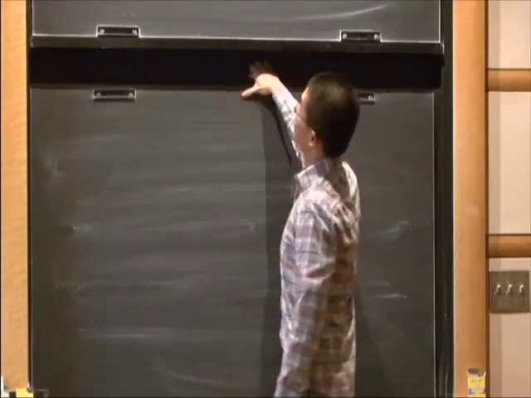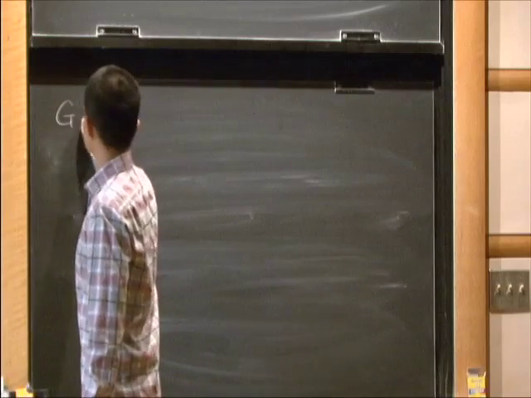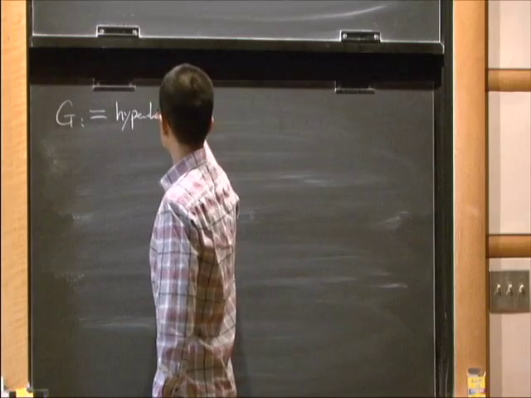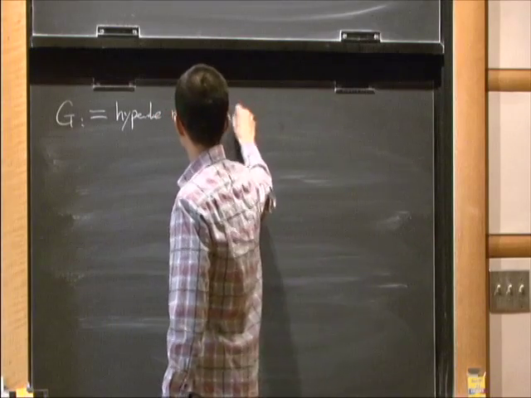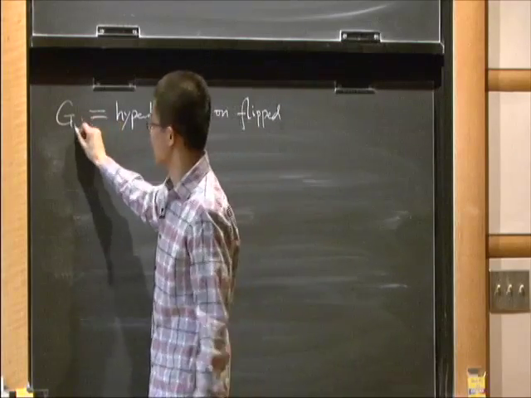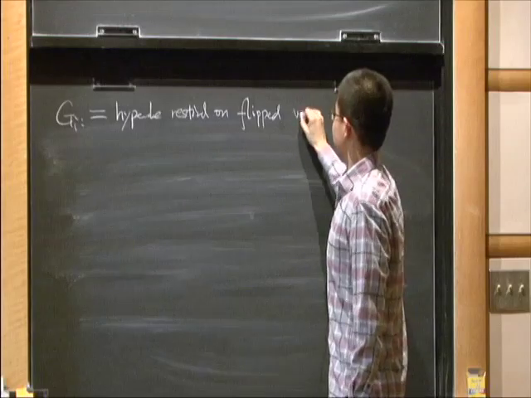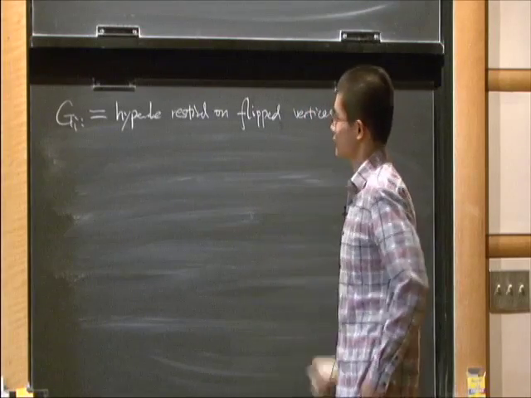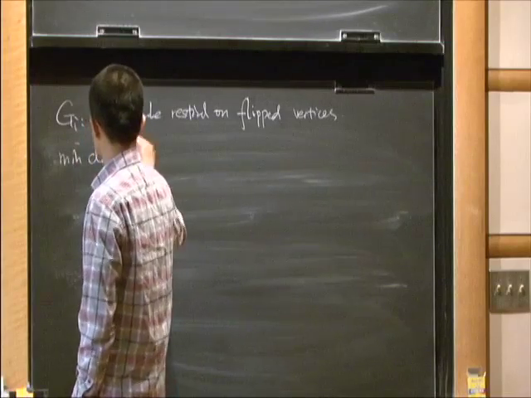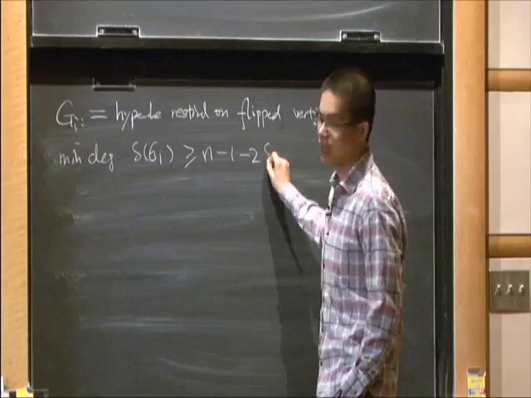So what we get from here is, if we call G the hypercube restricted to the flip vertices, I also call it G_i, with respect to i, flip vertices, then this shows the minimum degree Delta of G_i is greater than or equal to n minus 1 minus 2s.